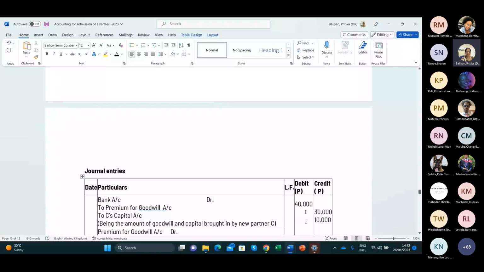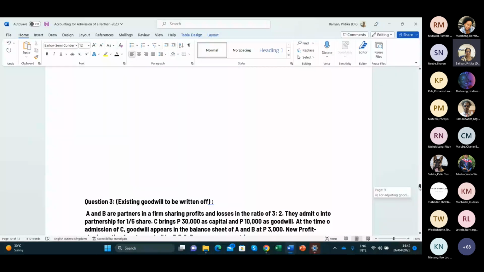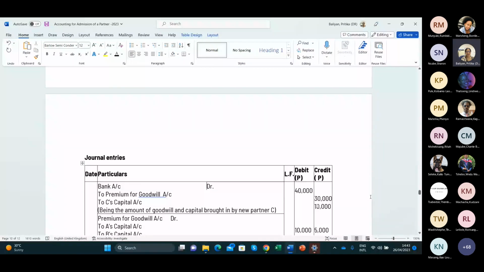He brings the capital as 30,000 and goodwill as 10,000. So the new partner C brings a total amount of 40,000 into the business.